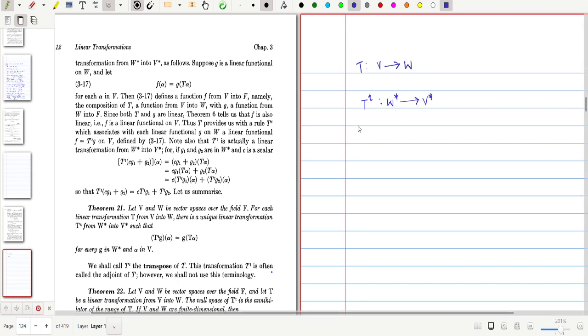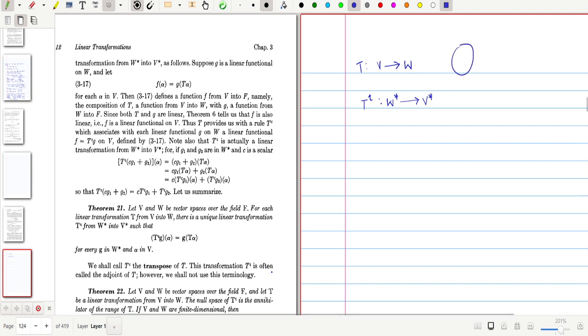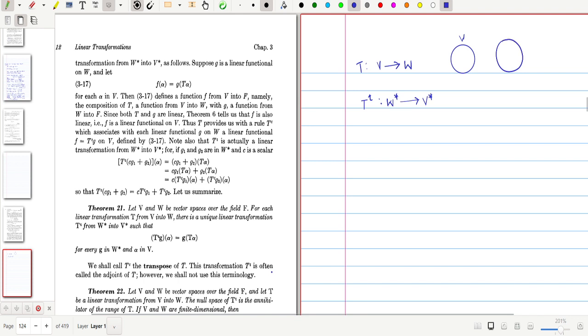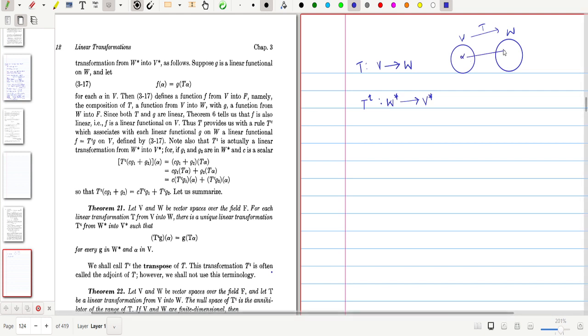Okay, so that means if you consider V here and this is our W, and we have the transformation T which maps an arbitrary element alpha of V to an arbitrary element beta of W. So T alpha is equal to beta is the map T here.